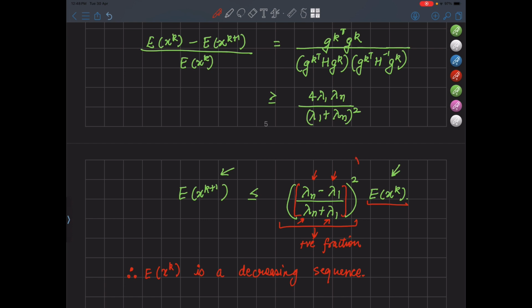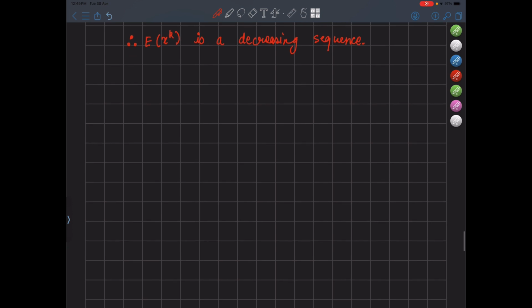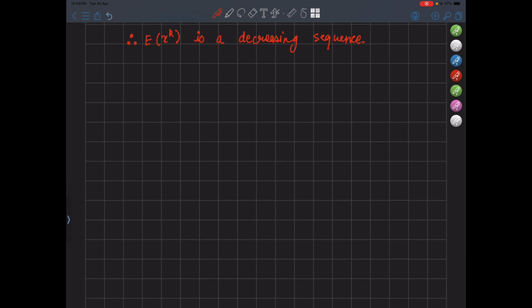We also know that lambda n is greater than lambda 1, so when that happens, this will always be less than 1, and a square of a number less than 1 is always less than 1. So this is a positive fraction. So by this analysis we can say that E of x_k is a decreasing sequence.